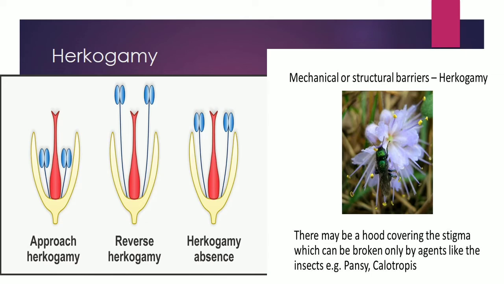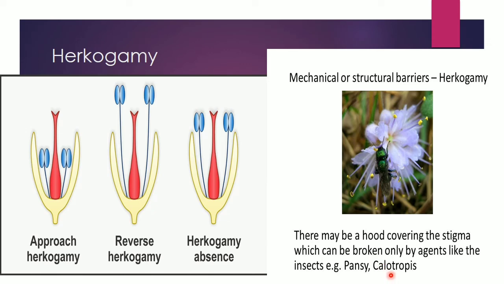Now we will move to the next device, hercogamy. Hercogamy is a mechanical device to prevent self-pollination in a bisexual flower. Here again you can see structural peculiarities. The example given in your book is Calotropis.